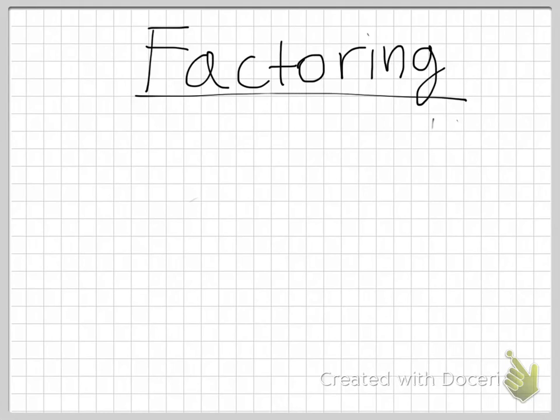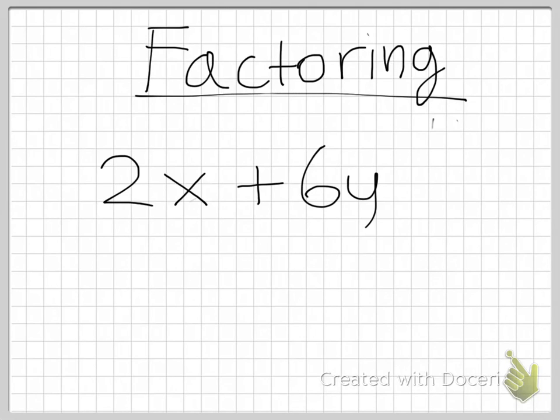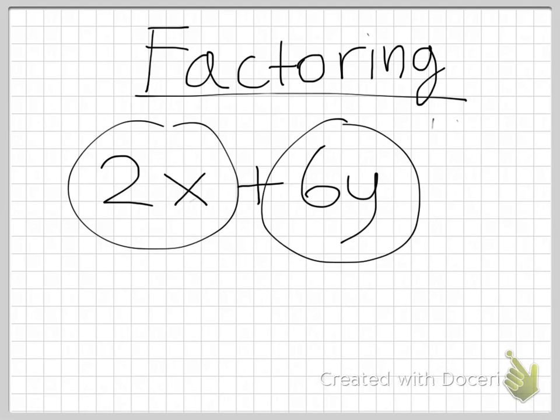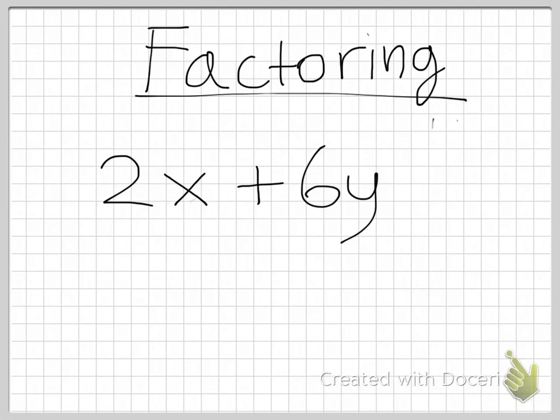So if we have like 2x plus 6y, we can factor this. What's the greatest common factor of 2 and 6? What's the greatest common factor of 2x and 6y? Well, it can't have y's or x's in it because y and x are different numbers, so they can't have the same factor unless they're the same, but they're not because it's x and y.